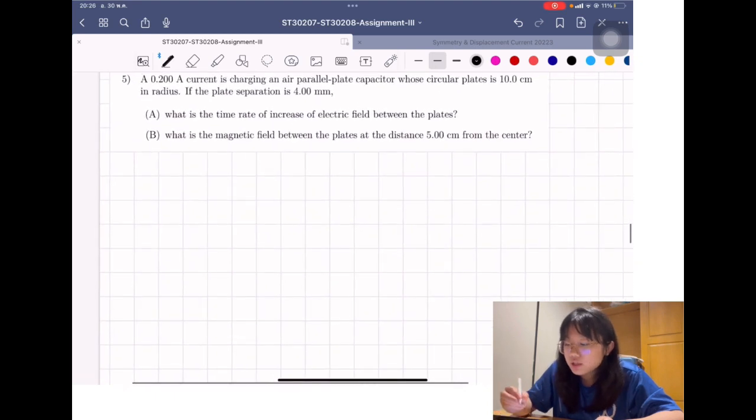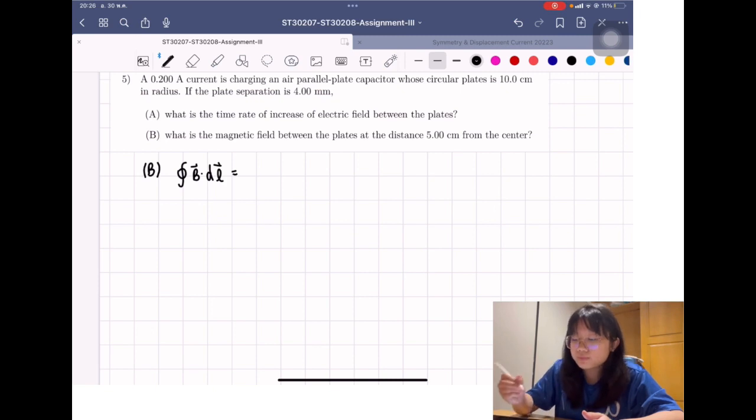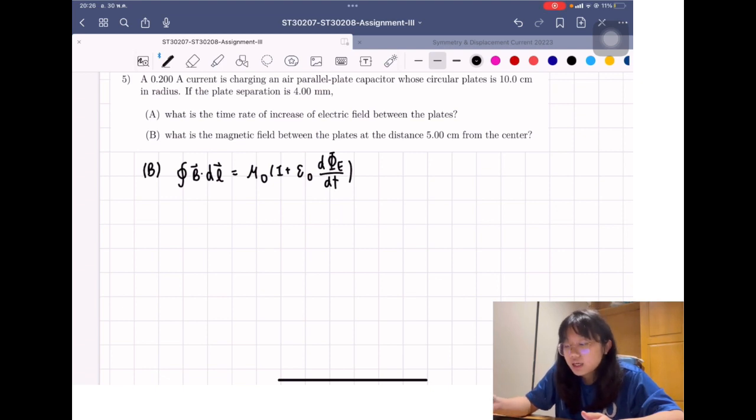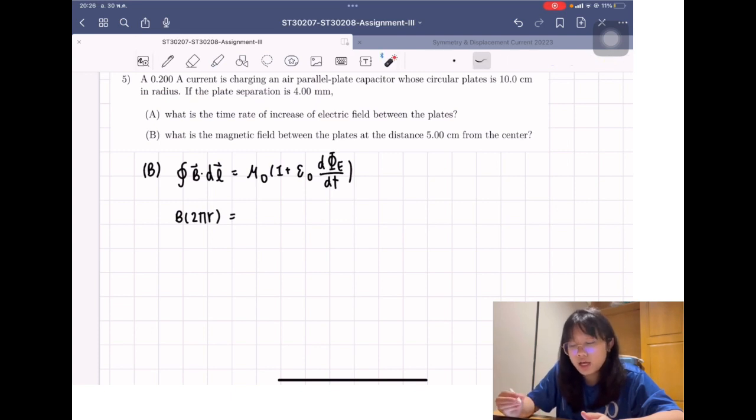We can find the magnetic field from Ampere's law with Maxwell modification, which is the integral of B dl equal to mu 0 I plus mu 0 epsilon 0 d flux E by dt. The left side is equal to B multiplied by 2 pi r. For the right side, we consider only between the capacitor plates, so there is no conduction current, so I is equal to 0.